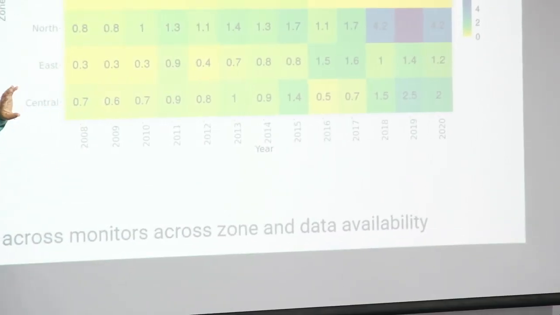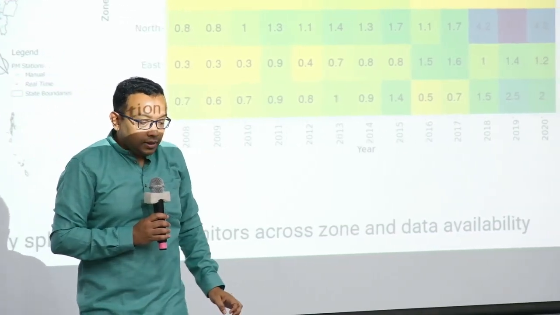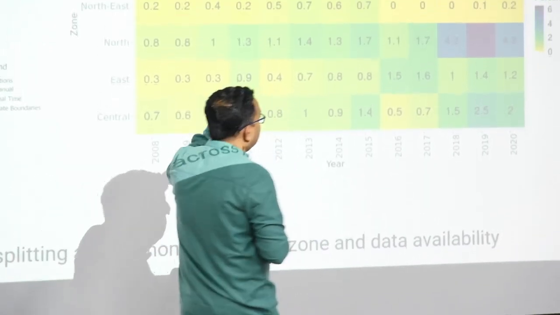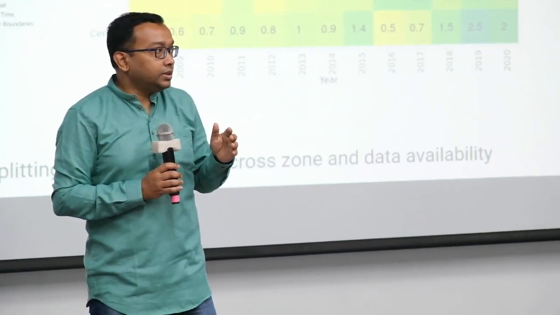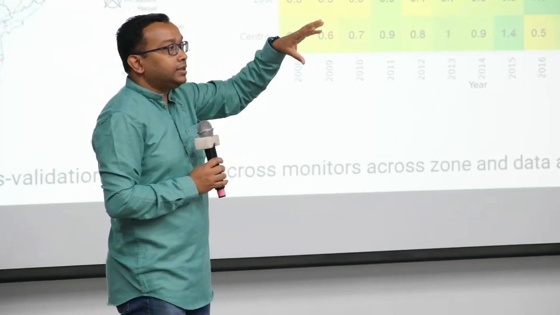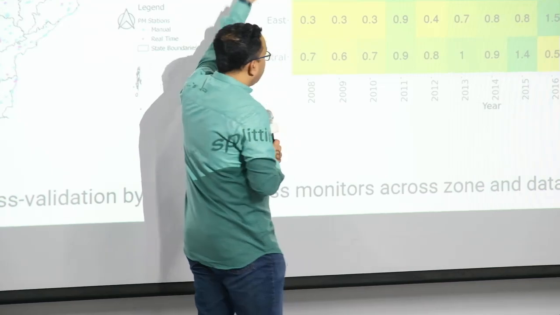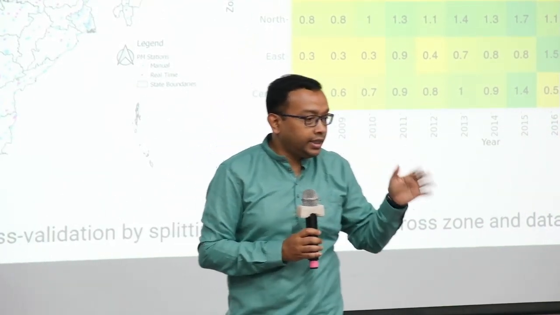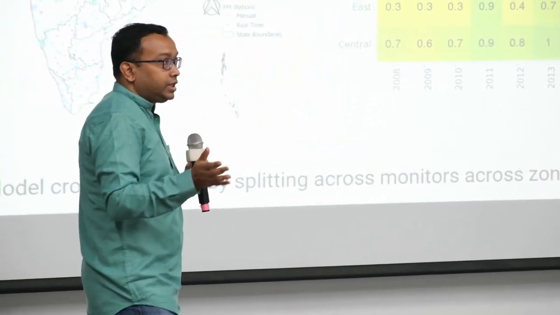If you leave it random, even after you do the data availability part, there are monitors which are long running in urban areas, like metro cities. If you don't split by zone, you might end up with most of these in, let's say, a few urban centers. So you want representation across zone and across data availability. That's the strategy that we had to follow for India for PM 2.5, so that you have representation both in terms of data availability as well as zone.